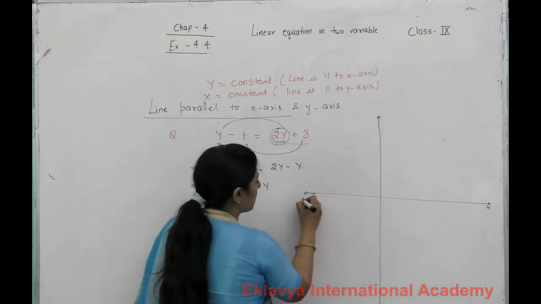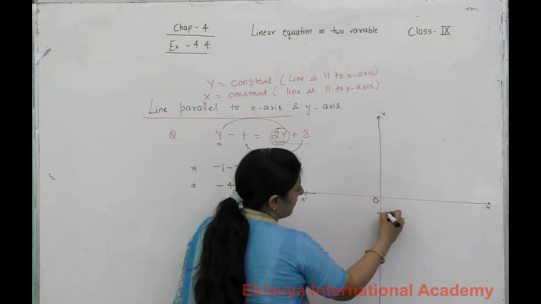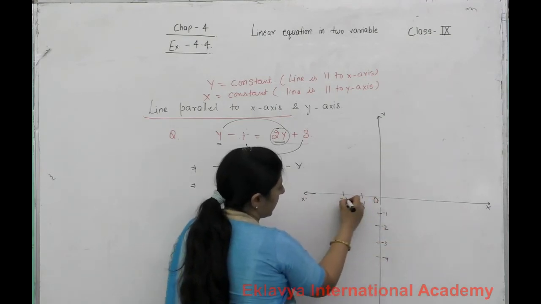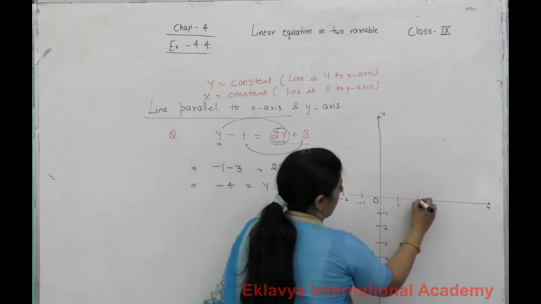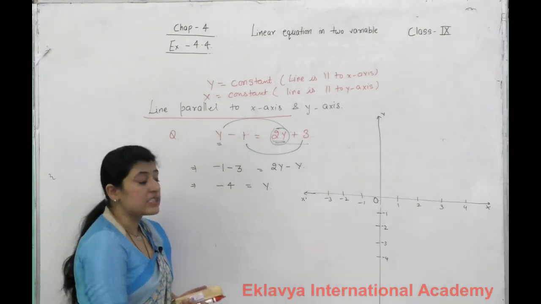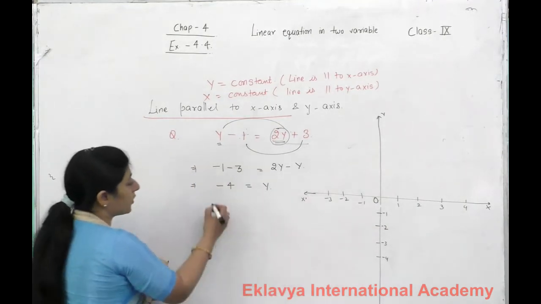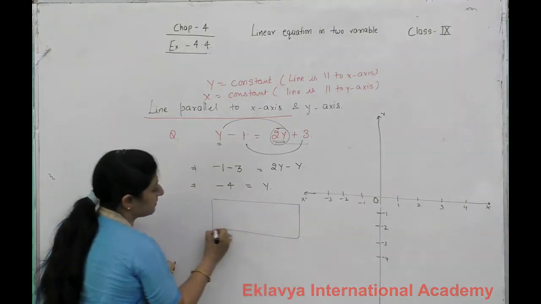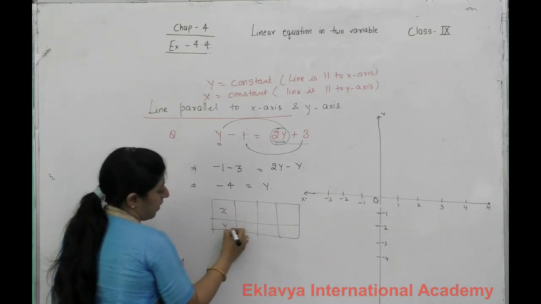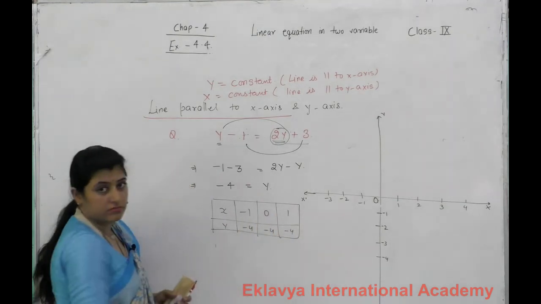X-axis, y-axis, this is the origin, minus 1, minus 2, minus 3, minus 4, and minus 1, minus 2, minus 3, 1, 2, 3, 4. You have to take equal distances between them. Now see, y is equal to minus 4. y is always minus 4, x may be minus 1, 0, 1, anything.